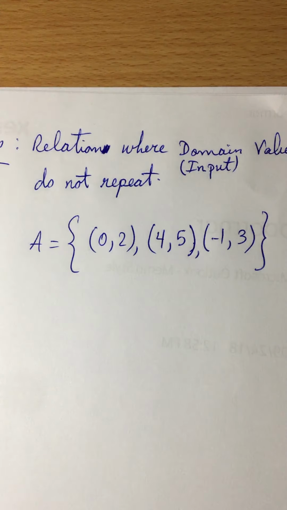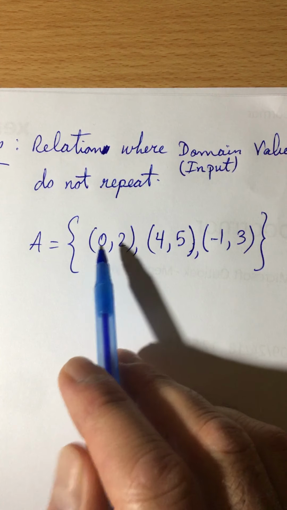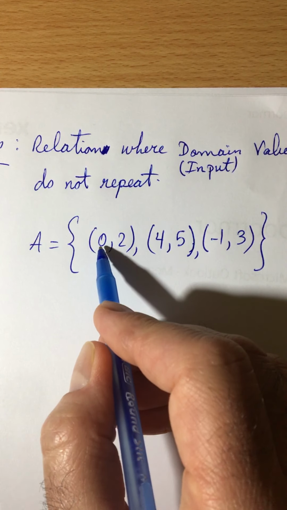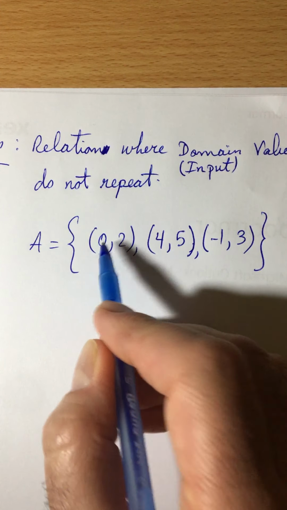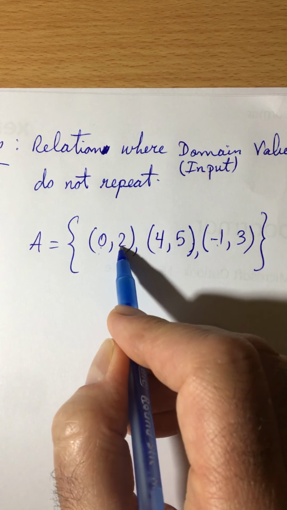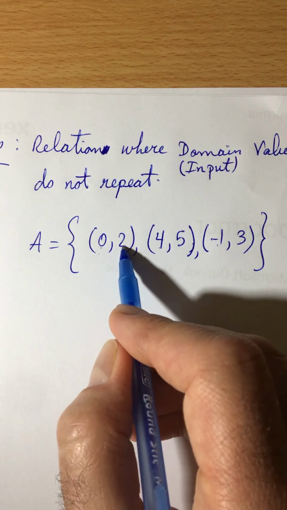It's made up of these 3 points. Now, let's take a look. Is this relation a function? Well, look at the domain values. The domain values are your input values. That means your x values, what goes into the function. We call the y values the range. So domain and the range.